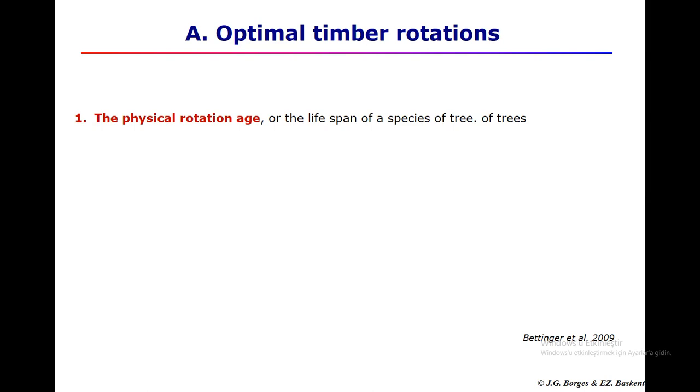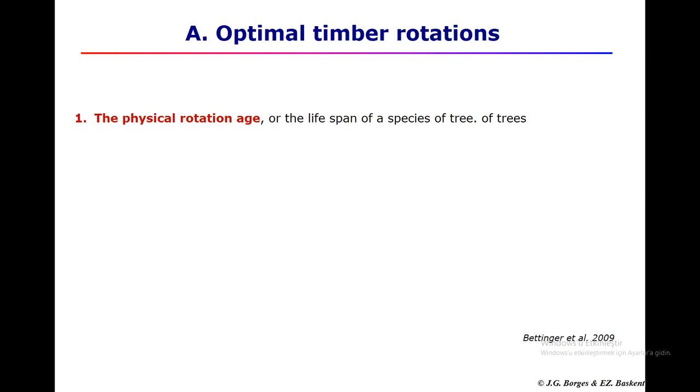The first one is the physical rotation. That refers to the lifespan of a species. For instance, if a eucalyptus tree lives, let's say, 50 years, then 50 years becomes the biological or physical rotation.